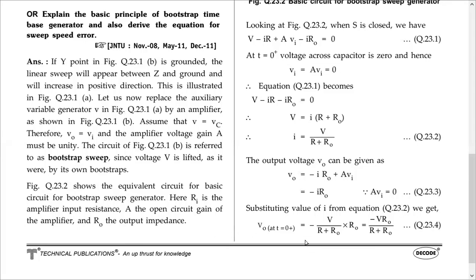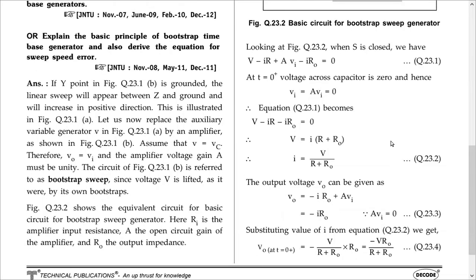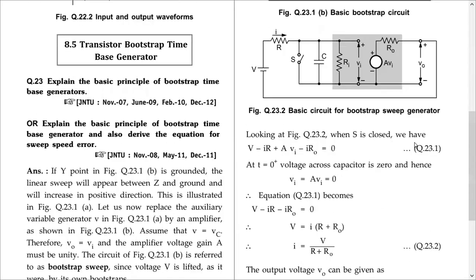This will be V naught at t is equal to 0 plus. So remember, in any capacitor circuit, capacitor doesn't allow sudden change of voltage across it. So V of 0 plus, V of 0 minus will be the same. Means just before switch off, what is the condition? The same is the condition just when the switch is turned on. Okay, right?